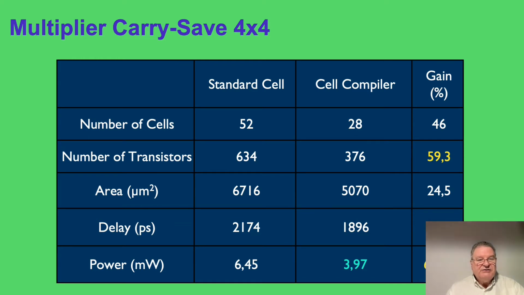And what was interesting here is also that this example of a simple multiplier showed a reduction in the number of cells, but the main point is the reduction in the number of transistors, and this reduction was the main reason for a nice reduction in power consumption.